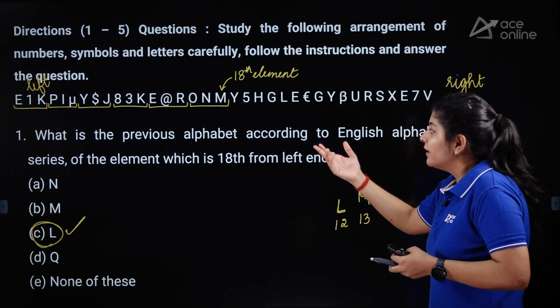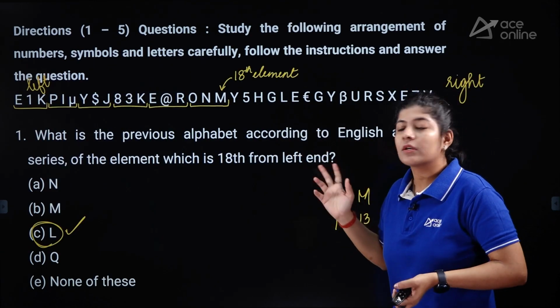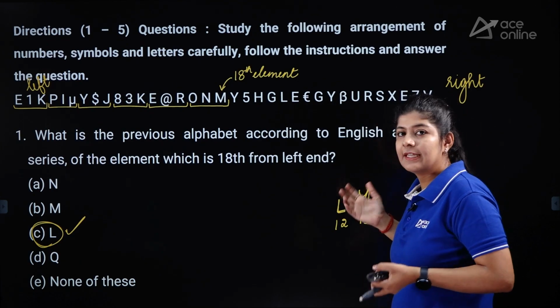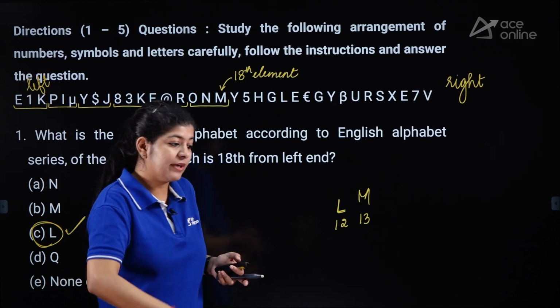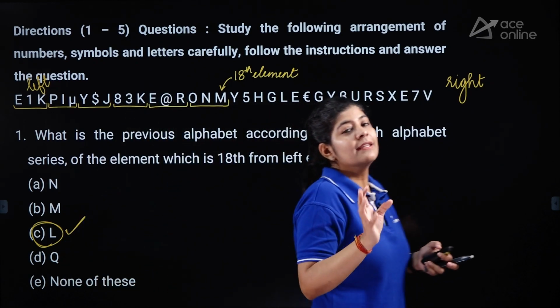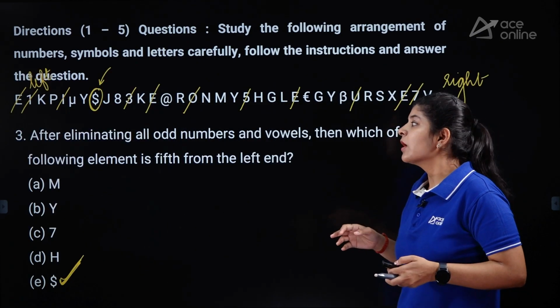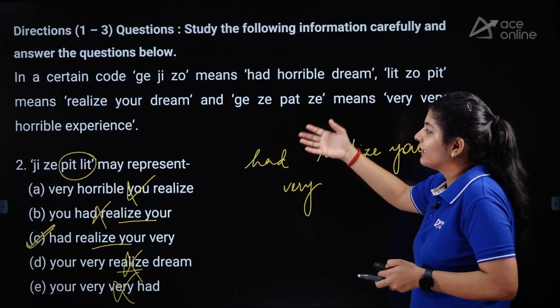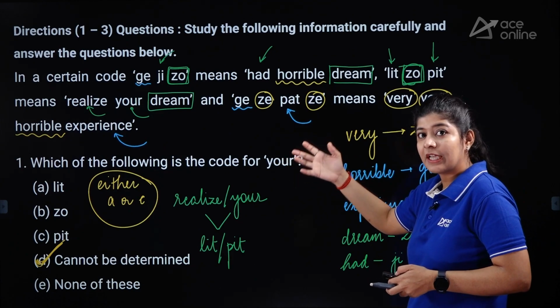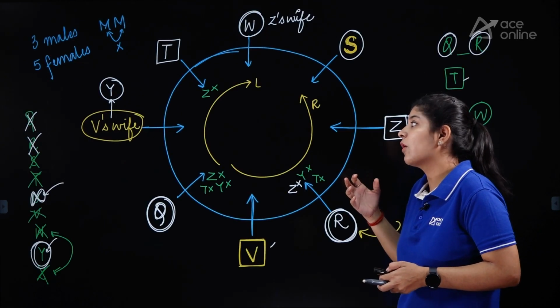Like we have to calculate according to the English alphabet series or some other, is there any gap or not? If we have to identify some pattern or not, there are so many other ways, right? So all you need to do is read each and every piece of data given in the question carefully and answer accordingly.